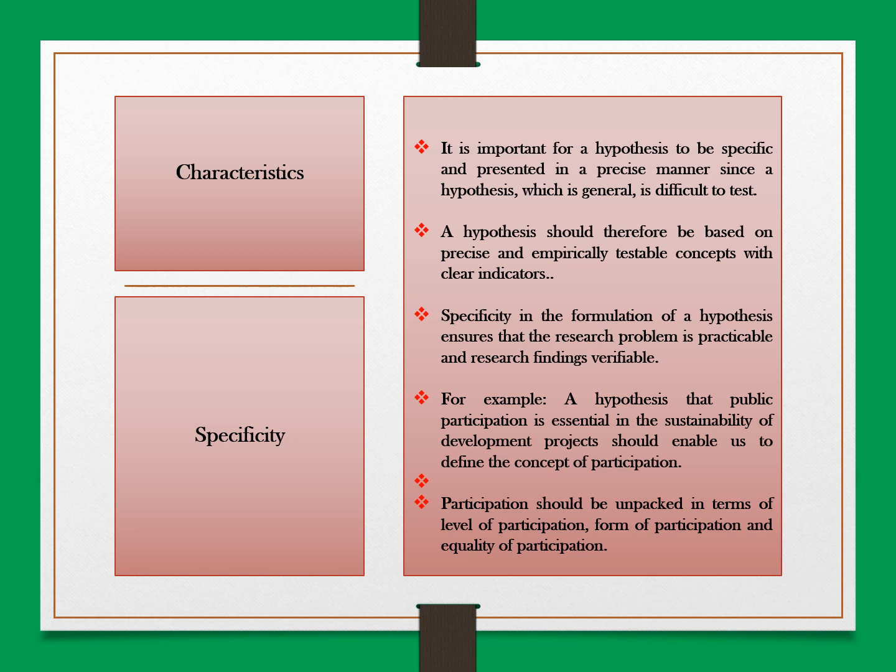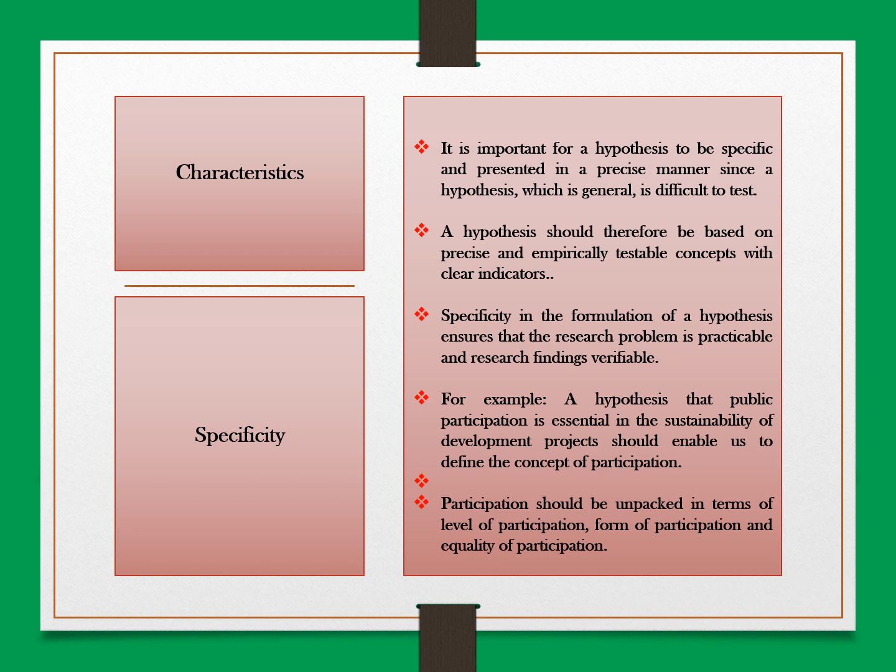Specificity in the formulation of a hypothesis ensures that the research problem is practicable and research findings verifiable. For example, a hypothesis that public participation is essential in the sustainability of development projects should enable us to define the concept of participation.